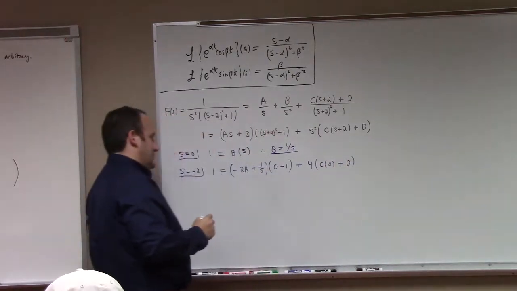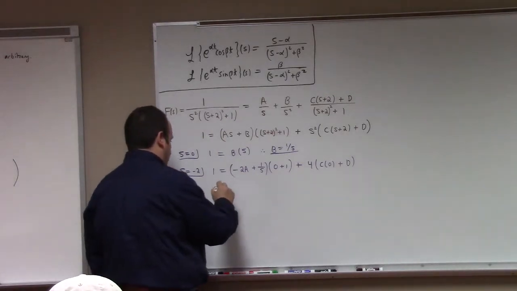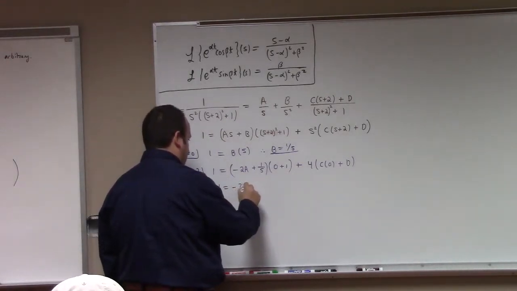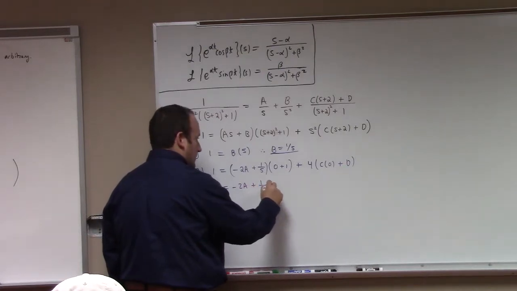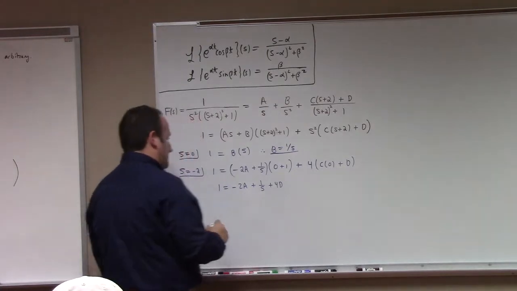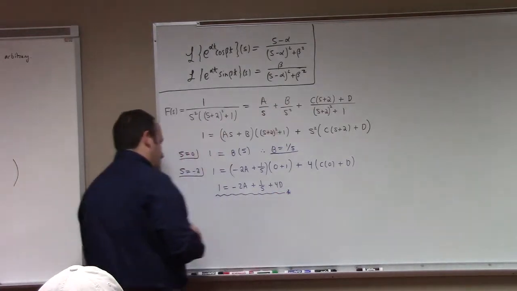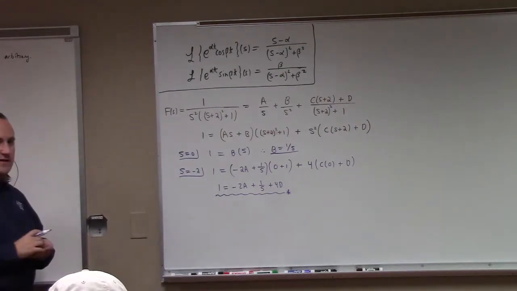I mean, it's not awesome, but it's at least a pretty nice equation, right? So like 1 is minus 2a plus 1/5 plus apparently 4d, yeah? So let's put that in our memory bank and move on and find another equation.